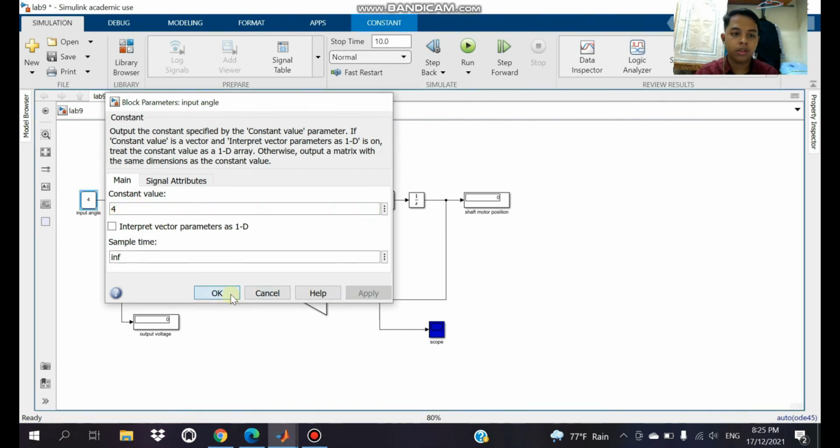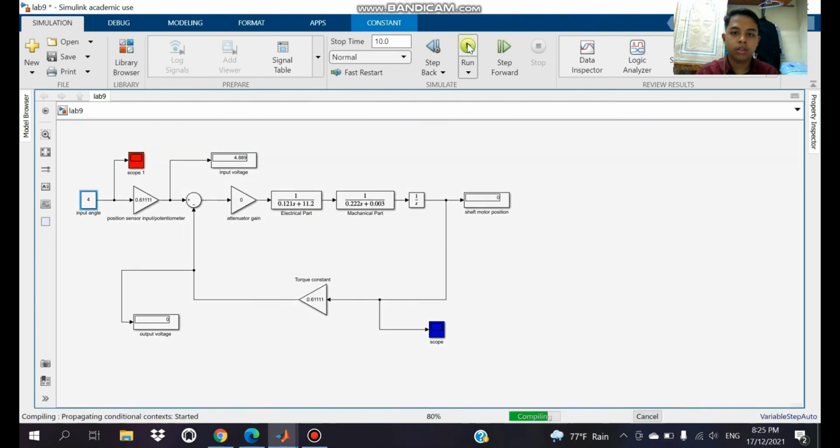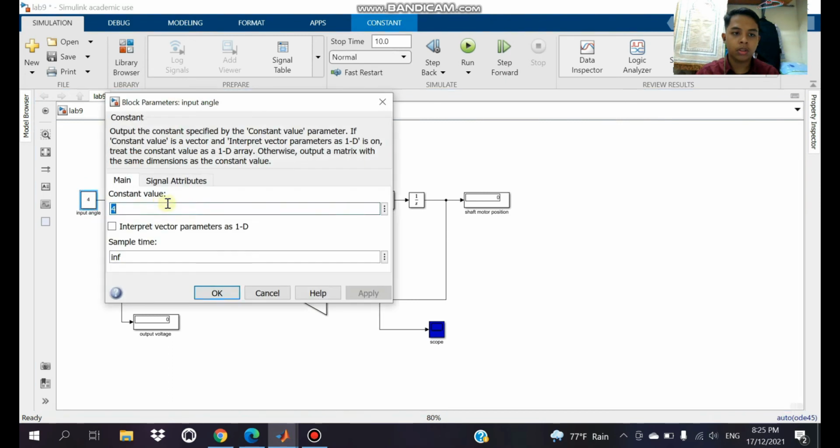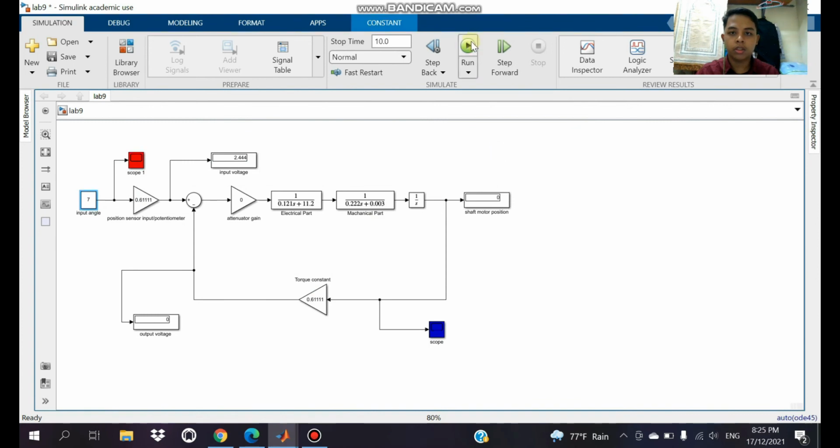Okay, go to run and get the shaft motor position is 0. And I switch the angle value and go to 7, apply and OK and get the result. The shaft motor position is 0.